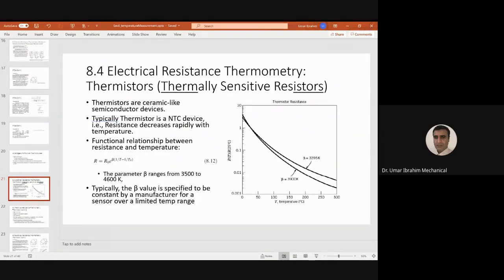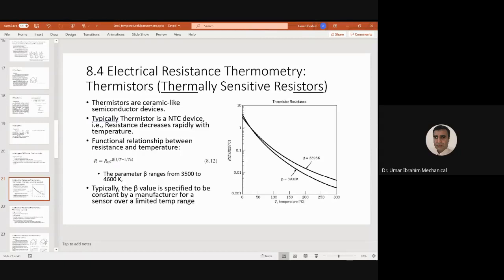As you can see from the curve of the thermistor, as the temperature increases, the resistance of the thermistor decreases. That's why we call this type of instrument an NTC device, which is a negative temperature coefficient device.